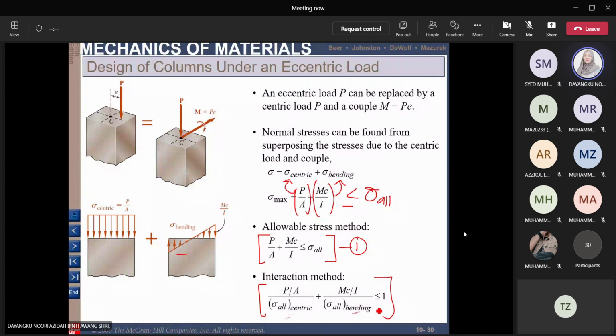So usually we look into that part. It's a little bit longer work because we need to add on this part here: P over A plus MC over I, or P over A divided by the allowable stress for centric plus MC over I divided by the allowable stress for bending. So we need to check whether we can use the specific loading or not.